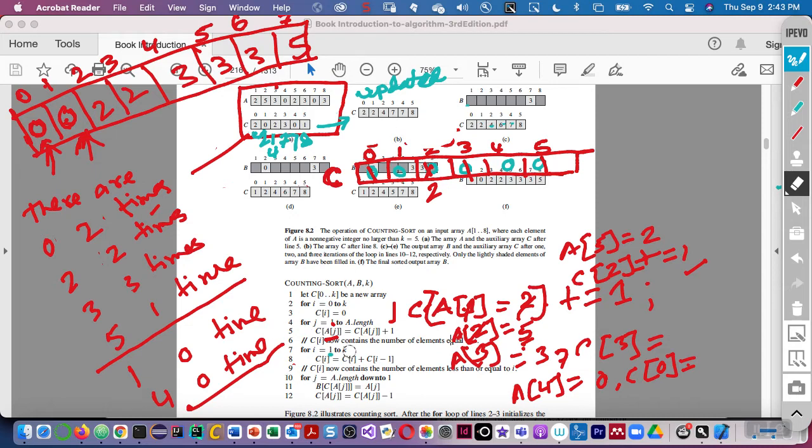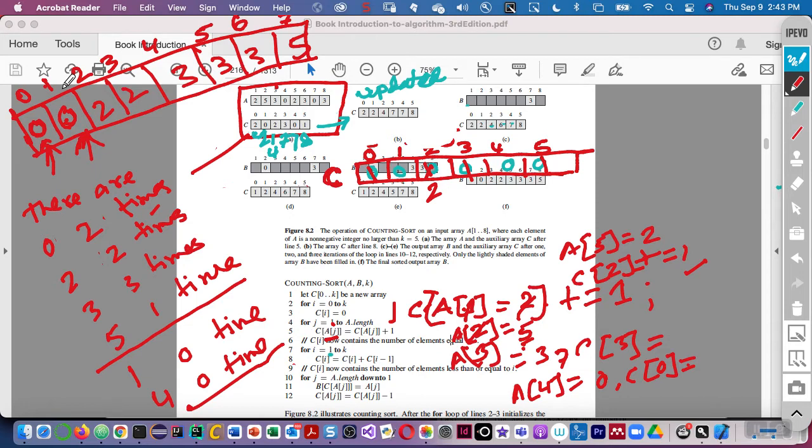Now we need another array, the output array B, of the same size as the original array A. This part is kind of tricky. There are 2 lines, but this is tricky. Let me come from the right side. We need to start from the given array from right to left, from the end, in order to maintain the stability.